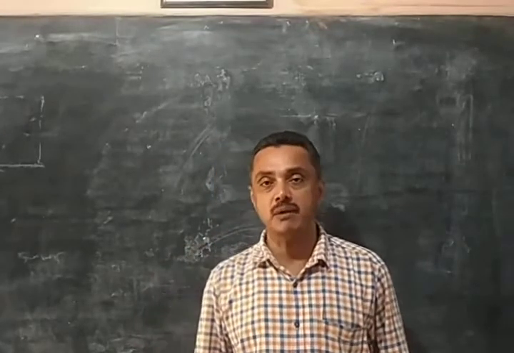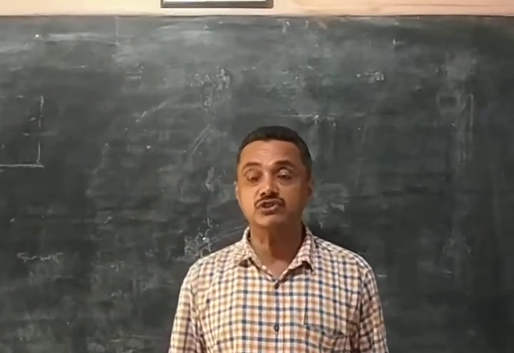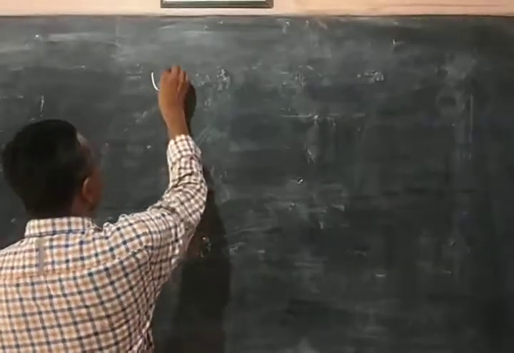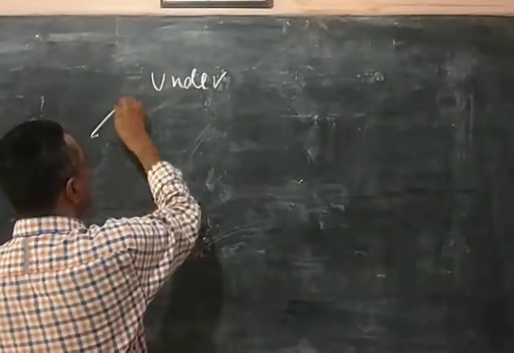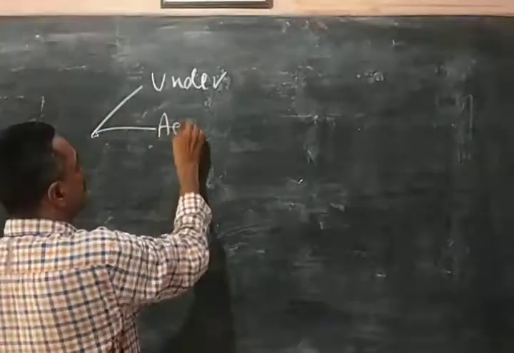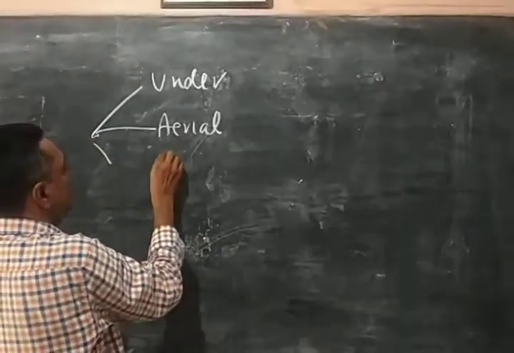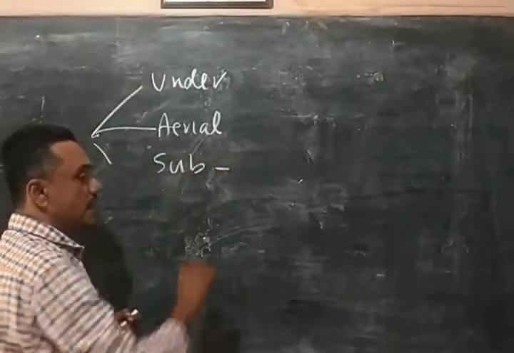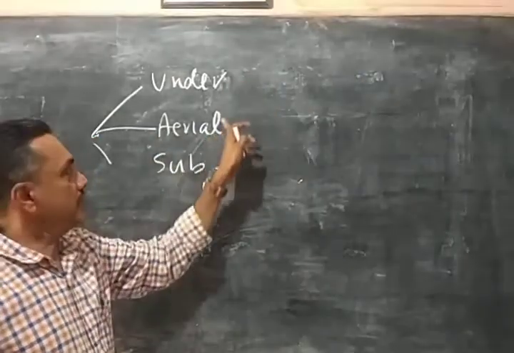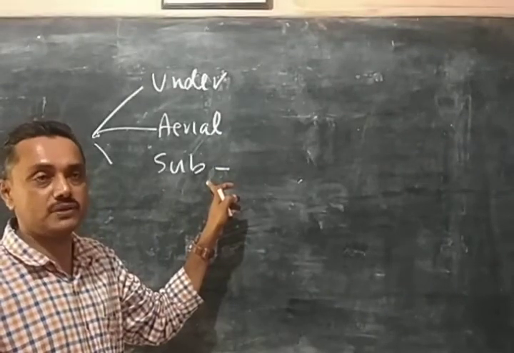You see the stem, there are three types of stems: underground stem, aerial stem and sub-aerial stem. We classified stem into three categories. First comes the underground stem, then the aerial stem, then the sub-aerial stem.